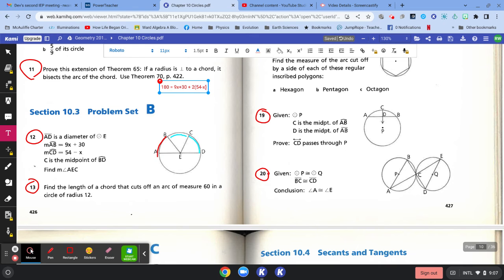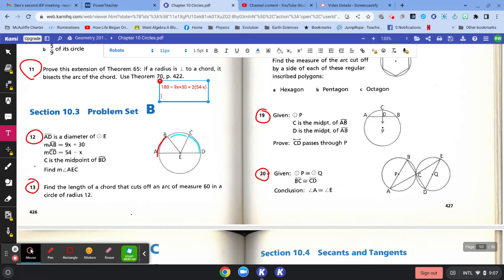Then we just do the algebra to solve for x, and once we know x, we can figure out what 9x plus 30 is and what 54 minus x is. Add those together, and that will get you the measure of angle AEC.